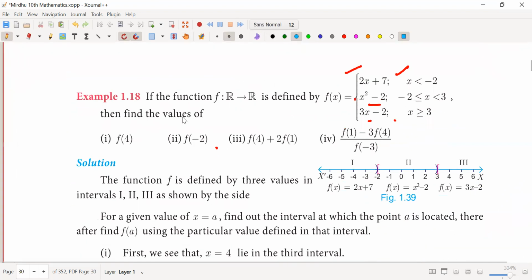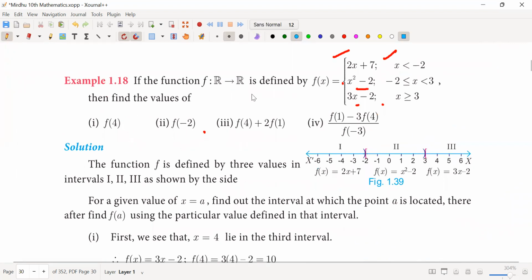Here, like we already decided, I already told you yesterday regarding this sum. It's a real number, R to R. Next, 2x plus 7 if x is lesser than minus 3, that is minus infinity until minus 3.